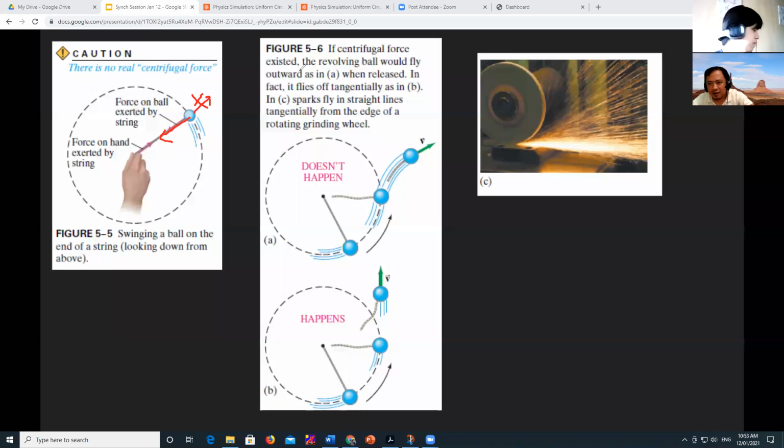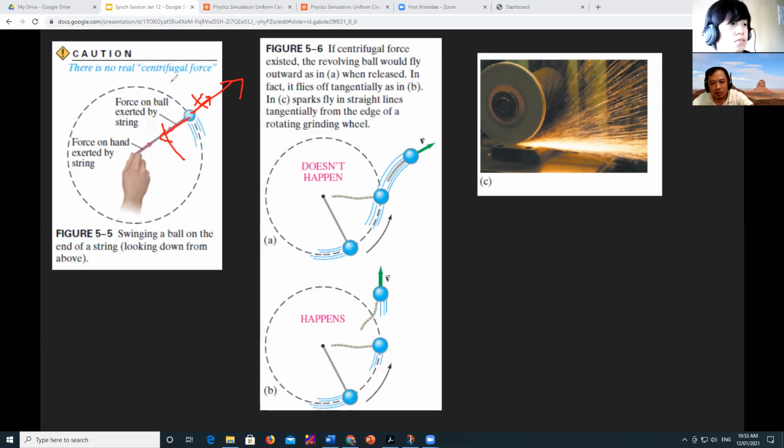If there were a centrifugal force, the revolving ball would fly outward, away from this part here. It would not follow a straight line. So it would fly away if you cut it, since the ball's tendency would be to go outward. But it doesn't happen.